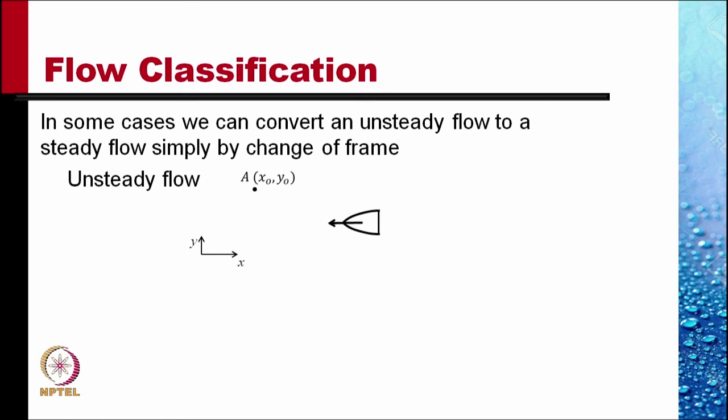Originally, the velocity there would be 0, but as the body moves towards A, the velocity increases, and as the body moves past A, the velocity decreases back to 0 again. So the velocity at A would appear something like this.